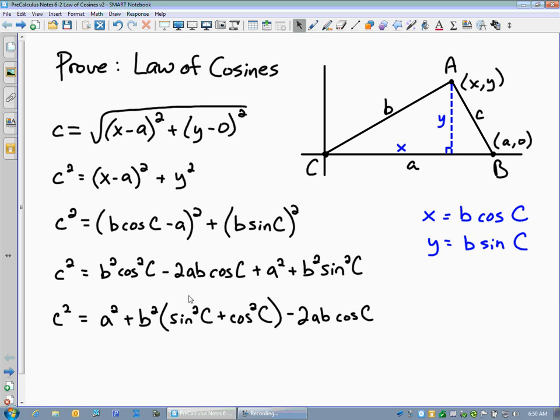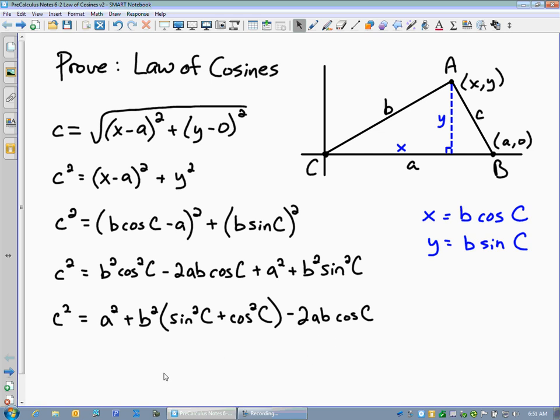And then I have a couple of terms that have the b squared. So I'm going to group those two terms together and factor out the b squared. So it's b squared times sine squared plus cosine squared. And then I still have this term here, the minus 2ab cosine C.